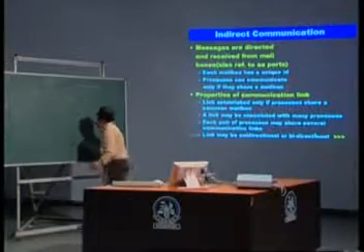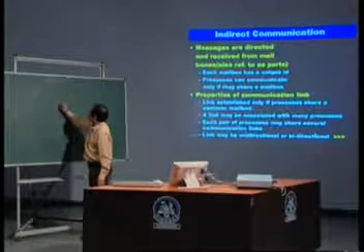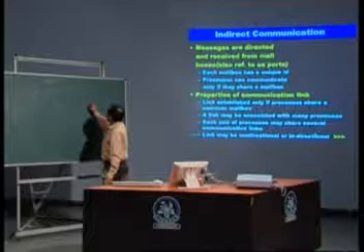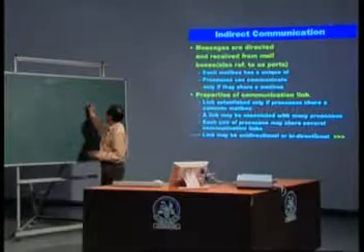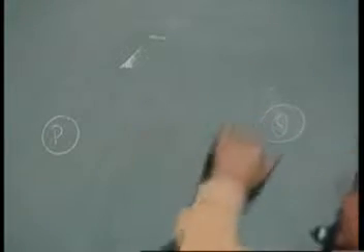Another communication is indirect communication. Now, what is indirect communication? Let us say I have two processes to communicate, this is my process P and this is my process Q. One, as I said, there can be direct communication whereby P sends a message to Q and Q straightaway receives the message. Now, let us say process P is in a suspended state or Q is in a suspended state.